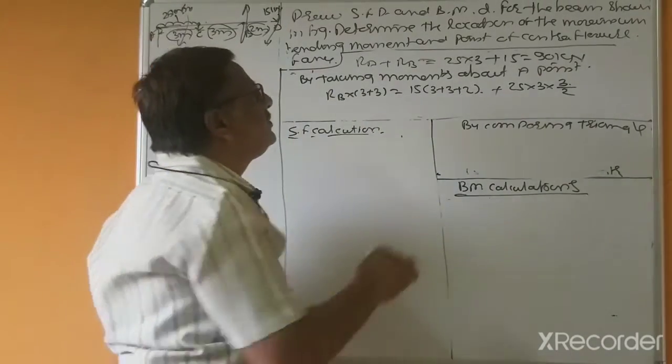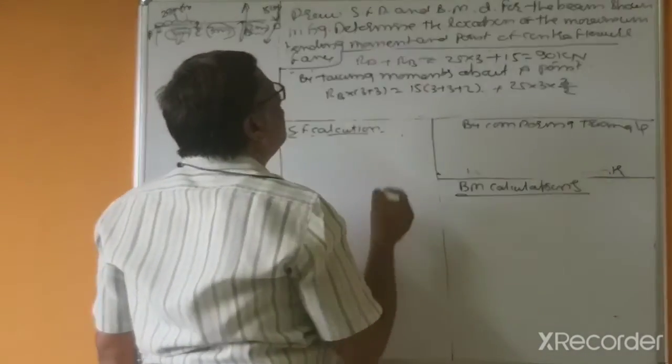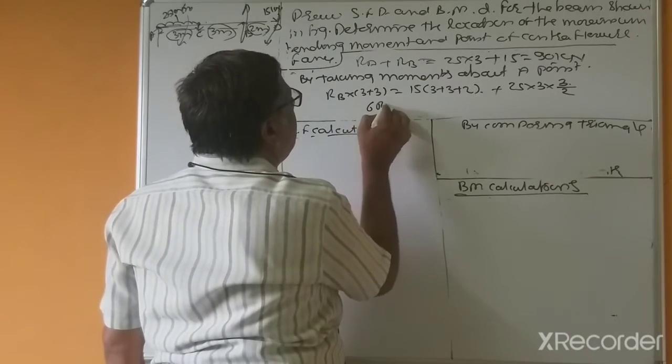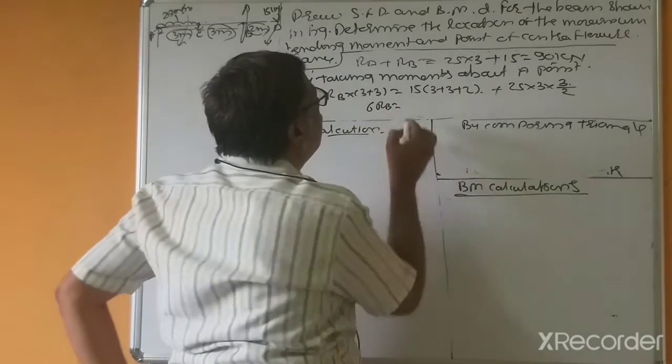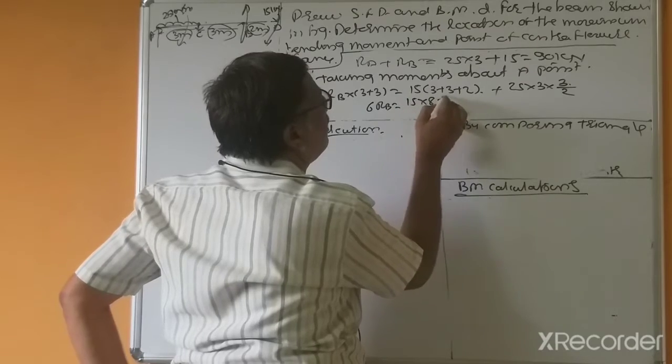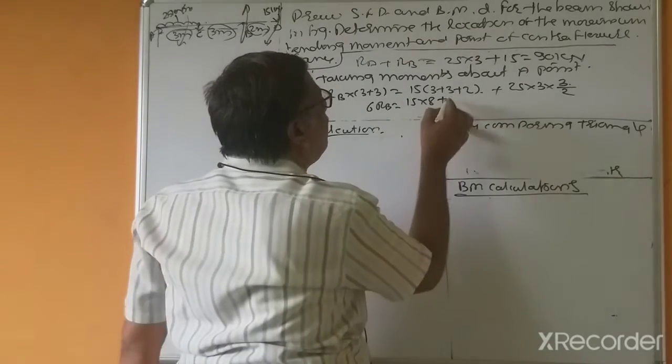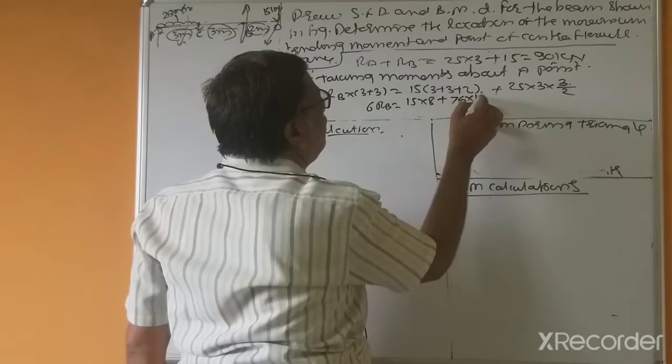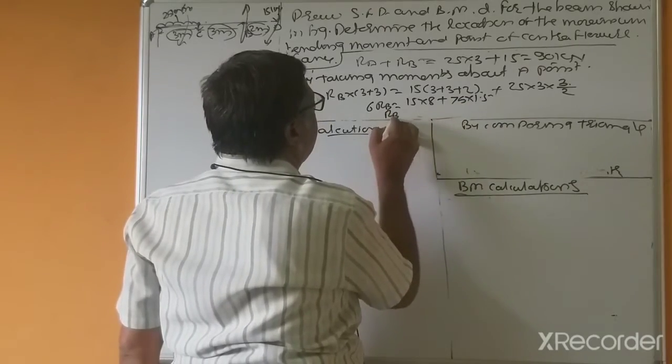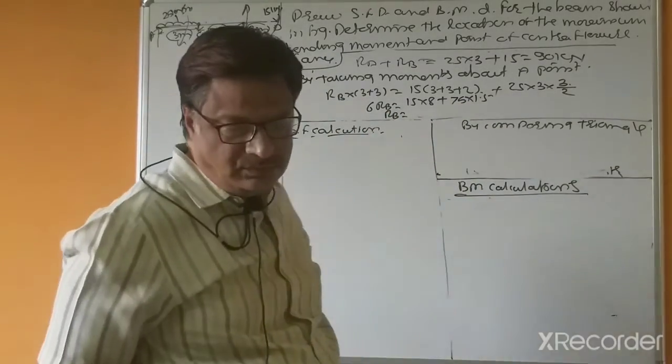So 6 RB equals 15 into 8 plus 75 into 1.5.